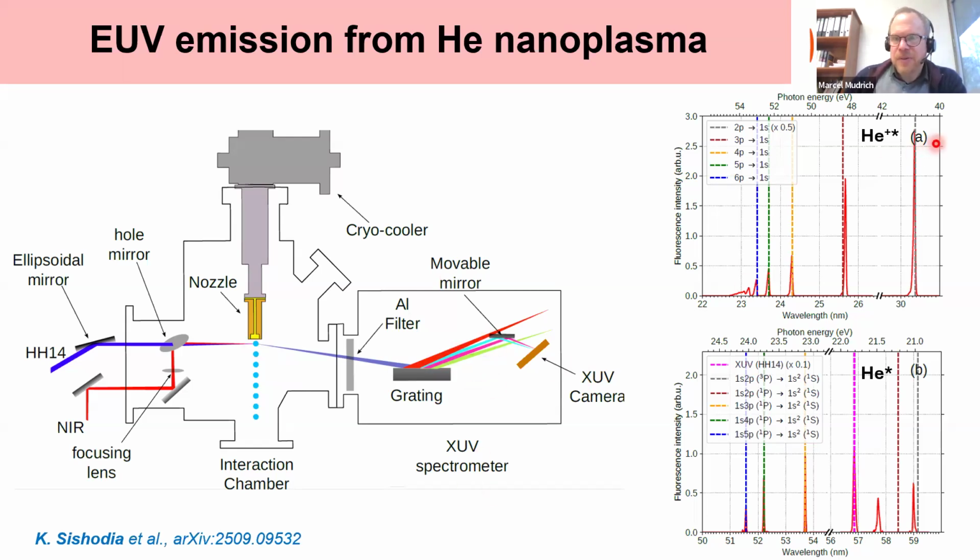You can see that we see essentially all possible fluorescence lines emitted by spontaneous emission, both from xenon ions and the Lyman emission of hydrogen-like helium. We also have some emission of the neutral excited helium atoms, but the ionic emission was by far dominating.